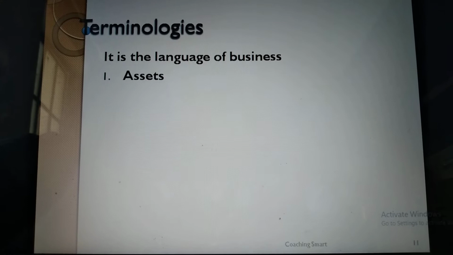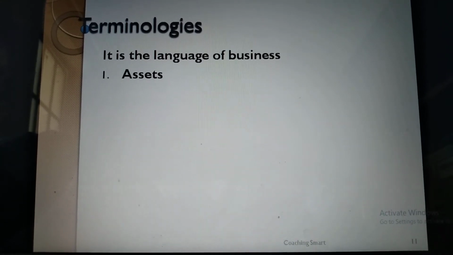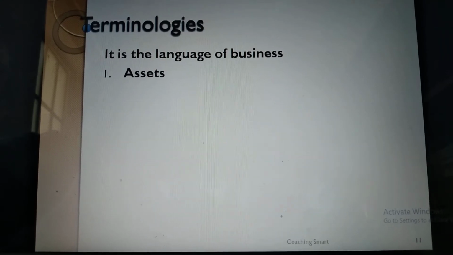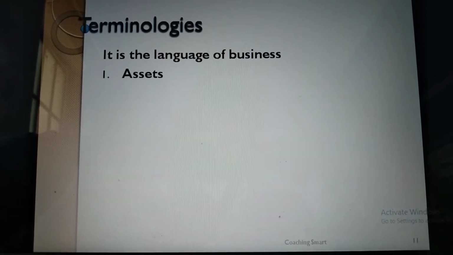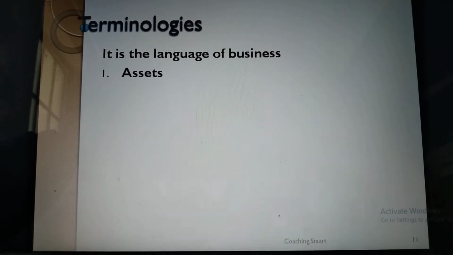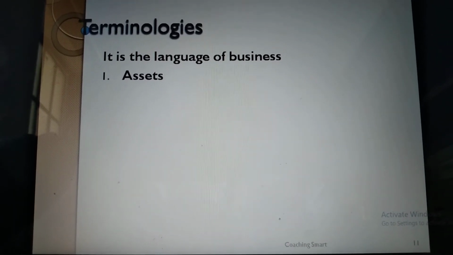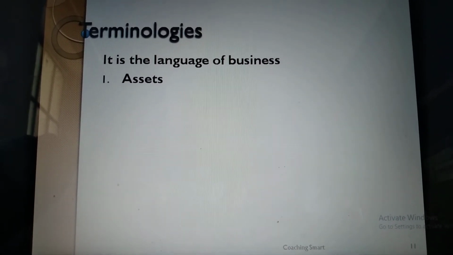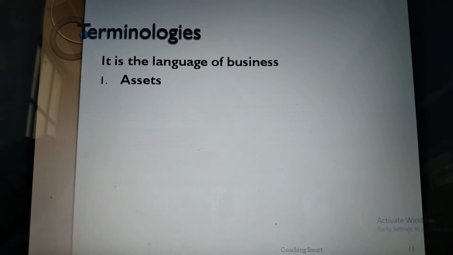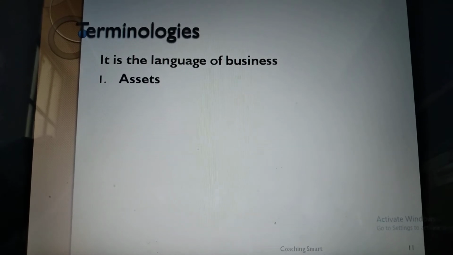And there are two types of assets. We have one, fixed assets, two, current assets. Fixed assets are used for a given period of time. Current assets are assets which are easily convertible into cash for business management or running of the business.